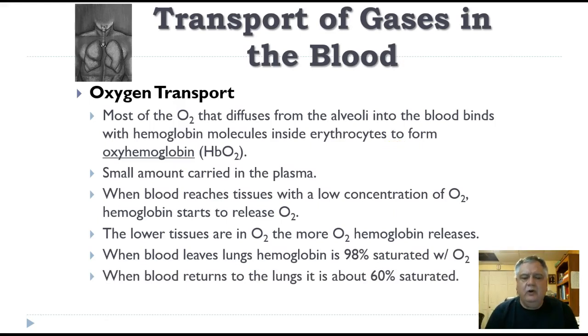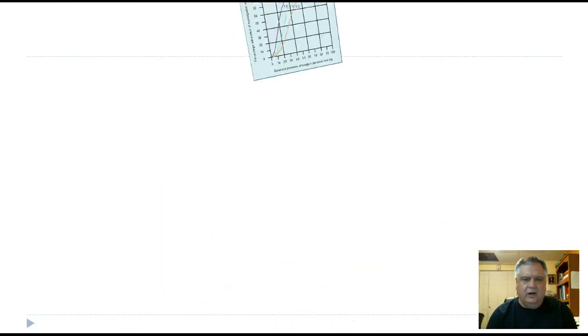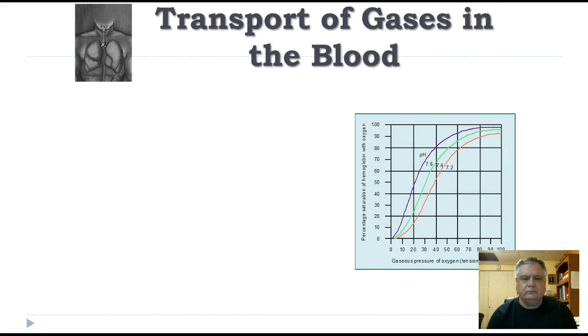However, when the blood returns to the lungs, it's important for us to note that it's not completely depleted of oxygen, that there still is some oxygen that's attached to the hemoglobin on the red blood cells. And we say the hemoglobin is still about 60% saturated, so it's never completely desaturated of oxygen.